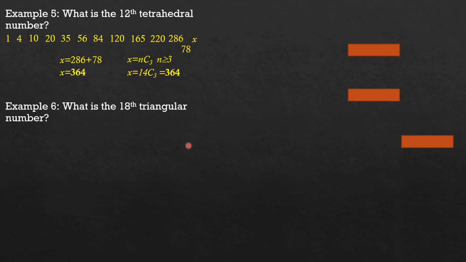Example 6, what is the 18th triangular number? So remember, triangular numbers are the number of identical objects when arranged in a triangular manner.